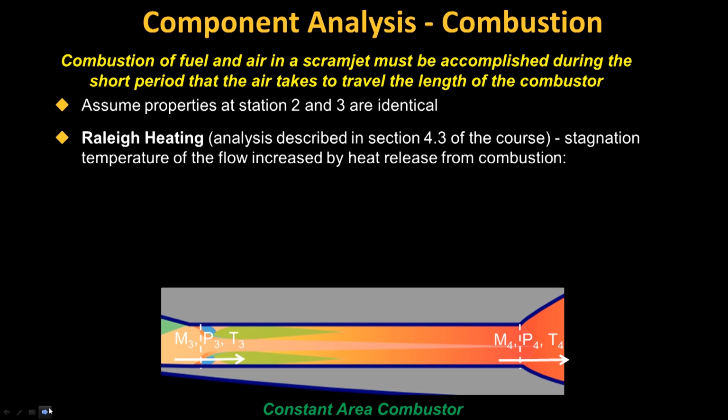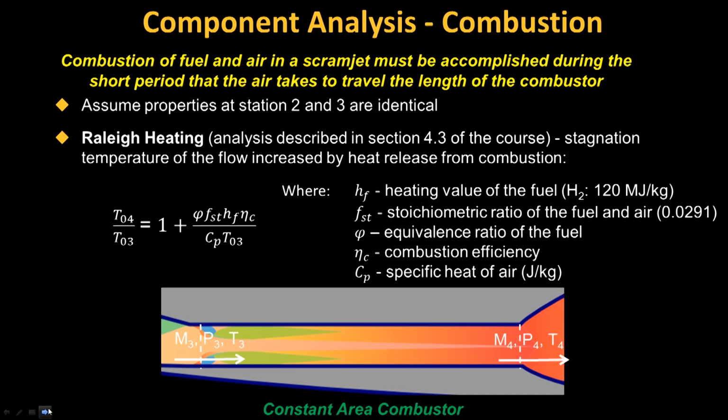The heat release from combustion is used to calculate an increase in stagnation temperature, which is then used in the Rayleigh flow equations. The heat release depends on a number of factors. First of all, the heating value of the fuel, which for hydrogen is about 120 megajoules per kilogram. Next, the stoichiometric ratio of the fuel, which for hydrogen is about 2.9% of the airflow.